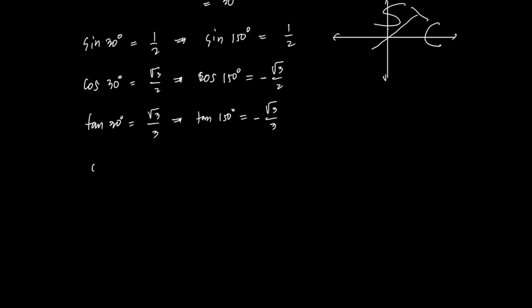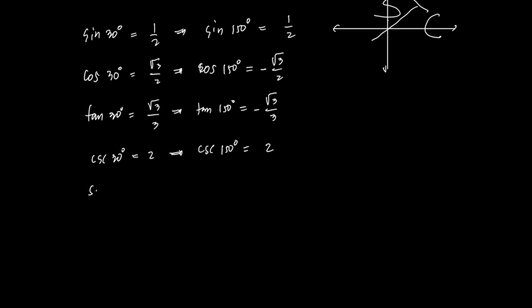Now, continue. The cosecant 30 degrees is 2. And therefore, cosecant 150 degrees is also 2. Now, cosecant is positive in the second quadrant, so that remains 2.